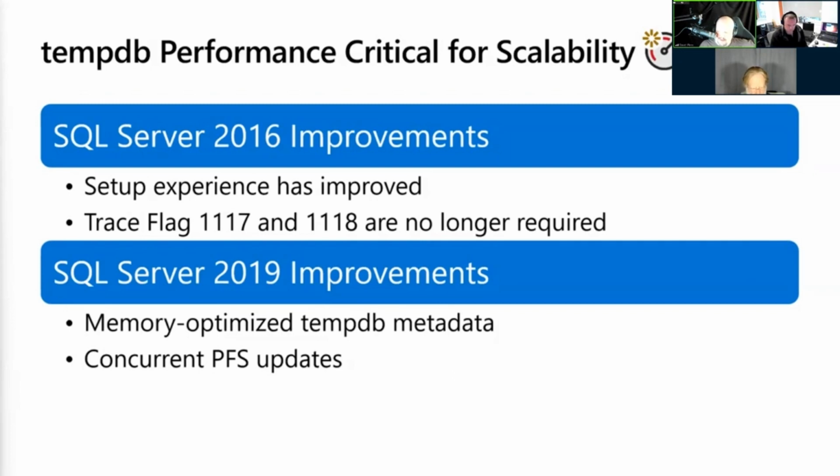This is an opt-in scenario, and we eliminated most PFS contention with concurrent PFS updates. We brought new installation improvements to the Linux platform as well. There's certainly more to discuss here. I mean, Pam Lahoud has an entire session on TempDB, right? So there's certainly more, but these are the highlights up to 2019.